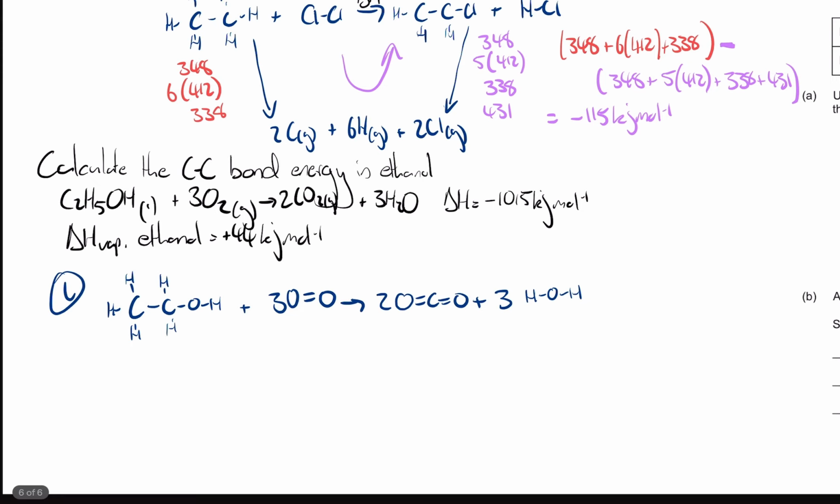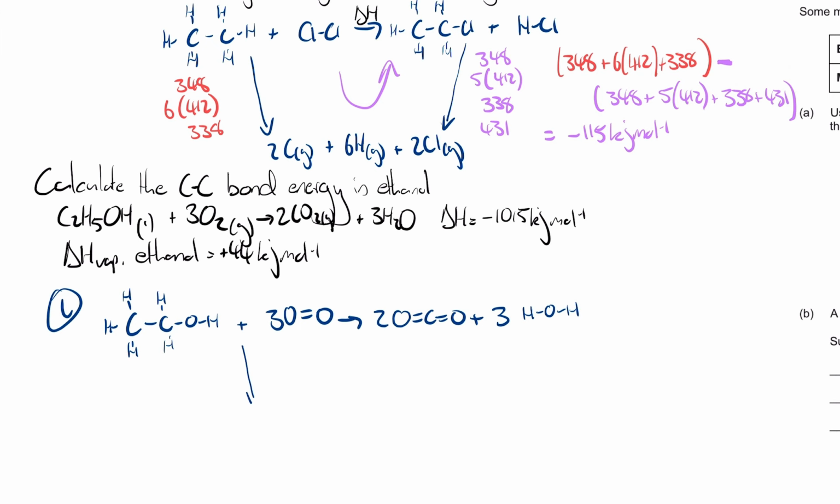Right, now, again, we're coming this way. We're coming down to break these bonds. So first of all, we've got the CC is what we're trying to work out. We've also got our vaporization. That's why I've made this signal to myself. So plus 44. And now we can start worrying about the bonds.